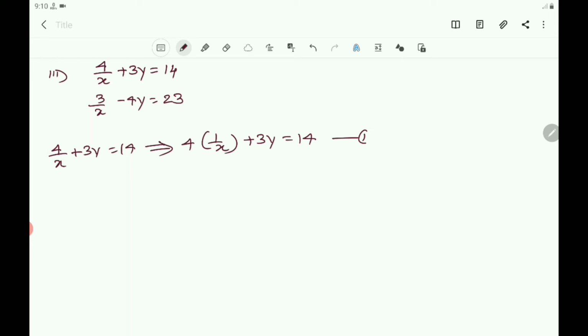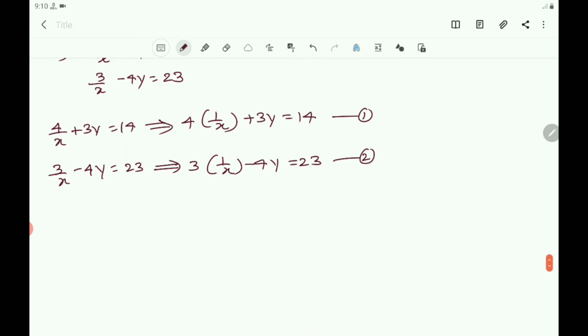This is the first one. Now the second one, 3 by x minus 4y is equal to 23, that implies 3 into 1 by x minus 4y is equal to 23. This is the second one.